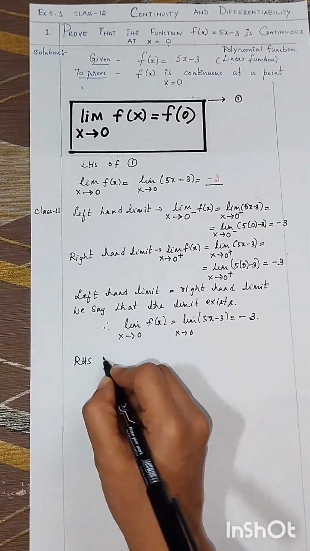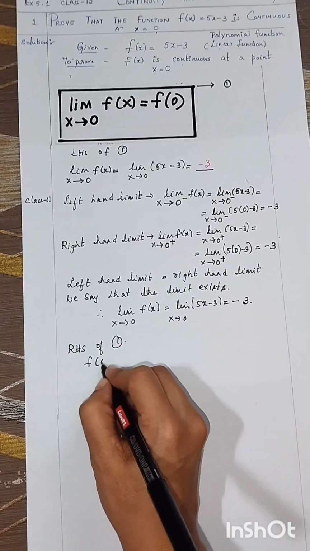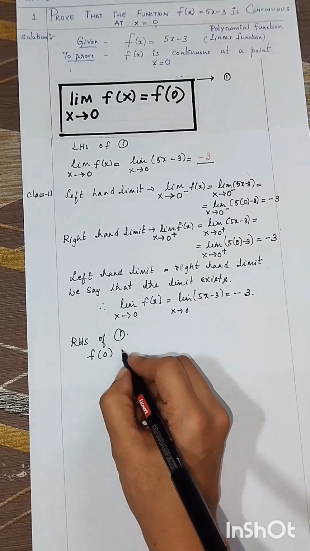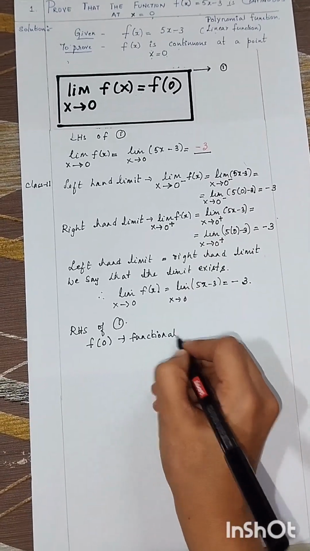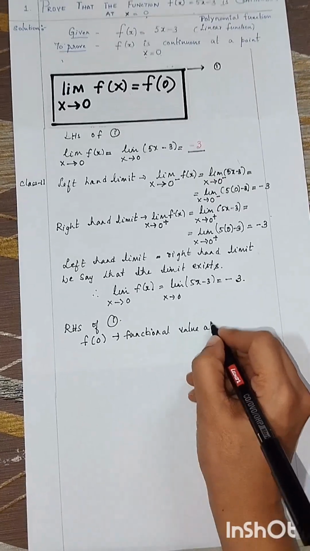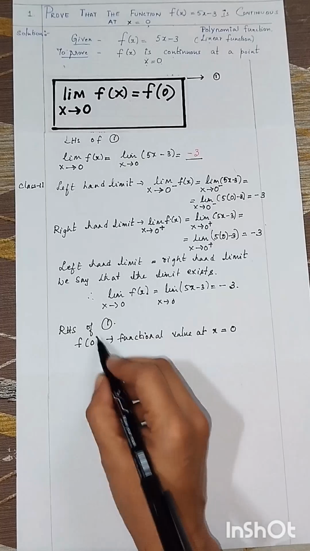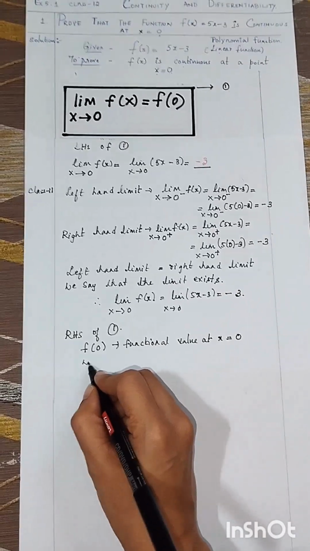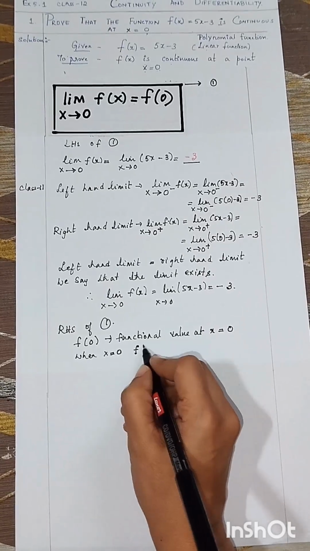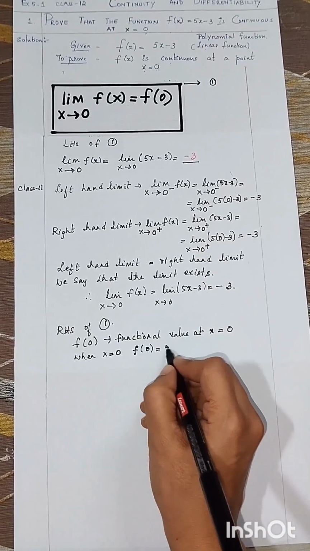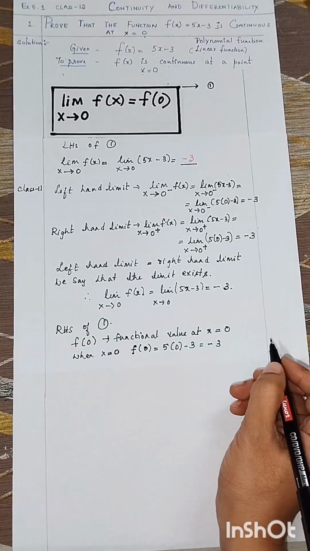Now we will see what is the value of RHS. RHS of 1 here is f of 0. So f of 0 is nothing but the functional value at x equals 0. When the input is 0, what is the output we are going to get? When x equals 0, f of 0 is equal to 5 times 0 minus 3, which is again minus 3.